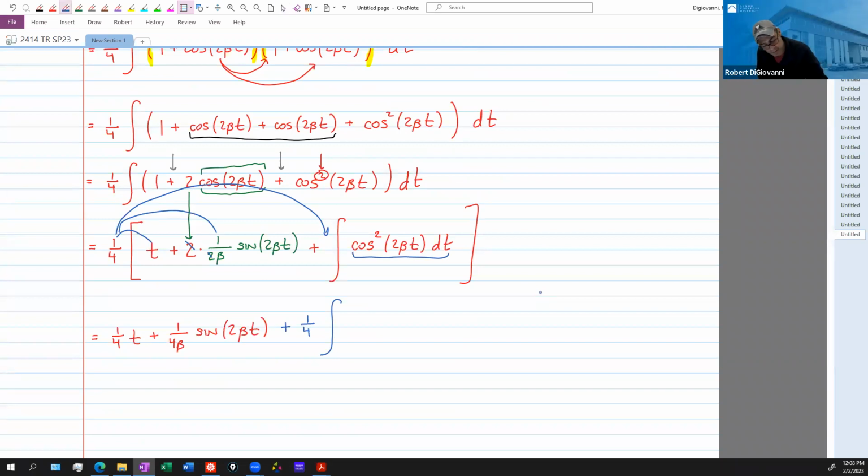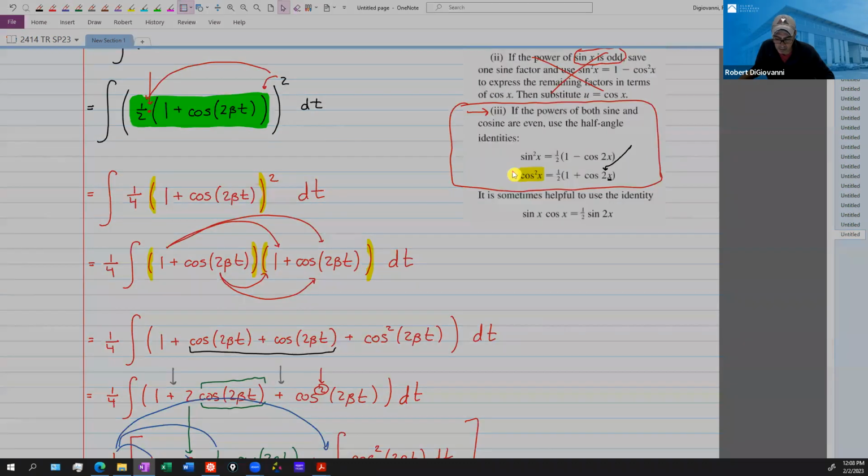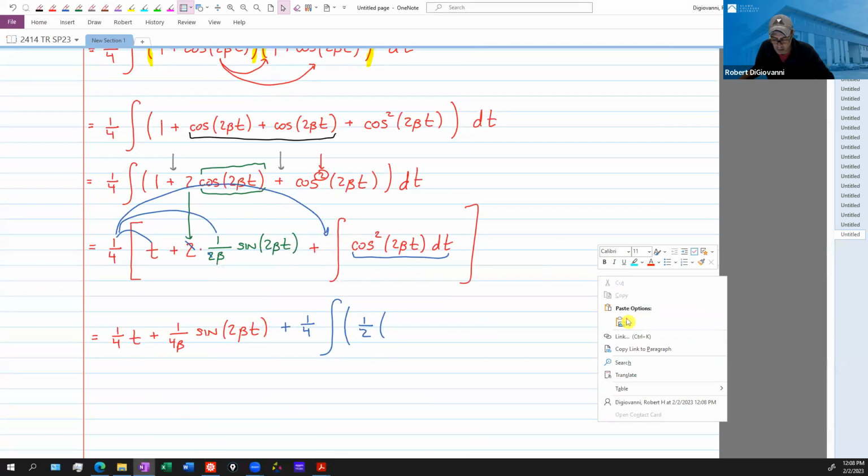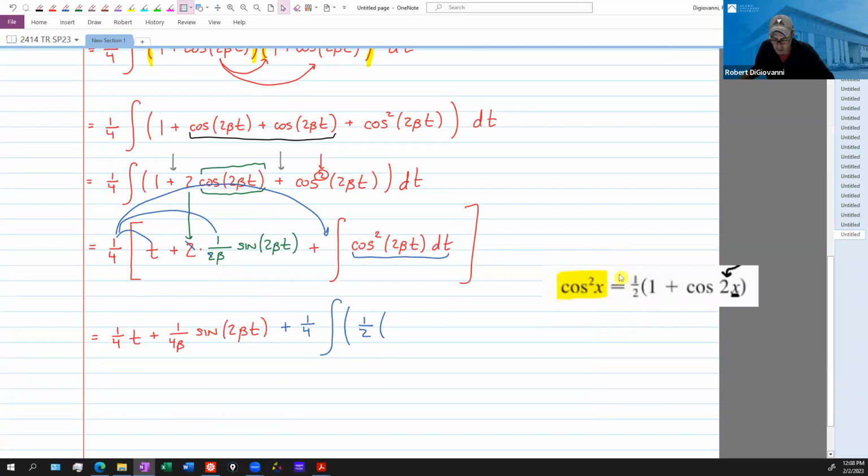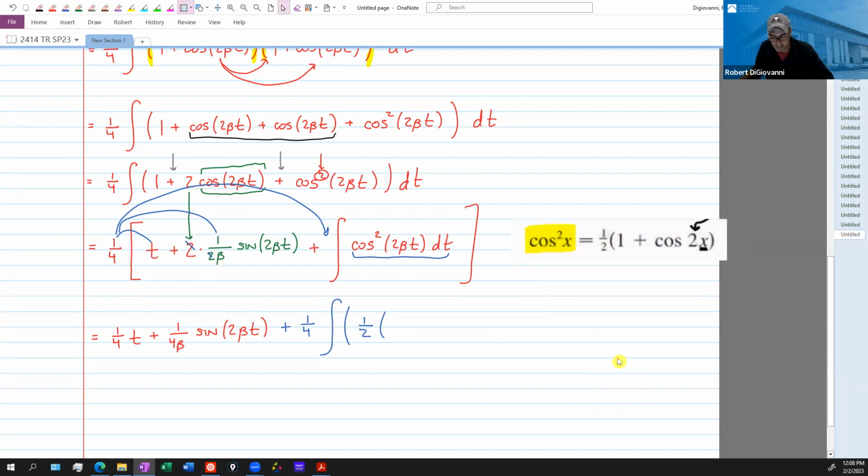So this is going to become, according to the formula, 1/2. I'm using this right here. So I'm changing it to 1/2, 1 plus cosine of, really important, this step, double the angle, right?